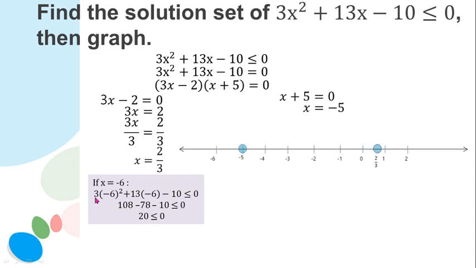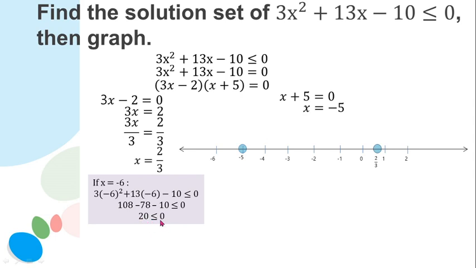So we have 3 times negative 6 squared plus 13 times negative 6 minus 10 is less than or equal to 0. Negative 6 squared is 36, times 3 is 108. Then positive 13 times negative 6 is negative 78, minus 10. Therefore, we have 20. Is 20 less than or equal to 0?